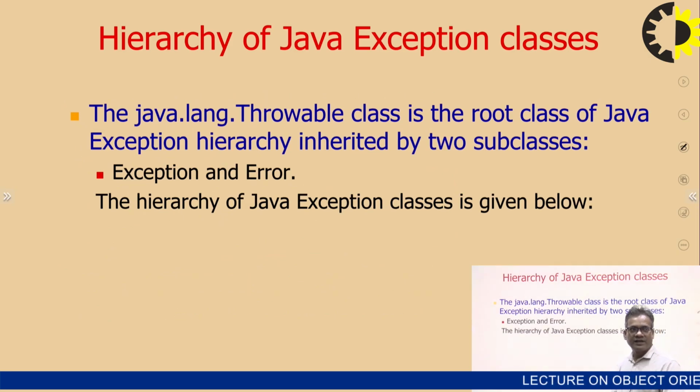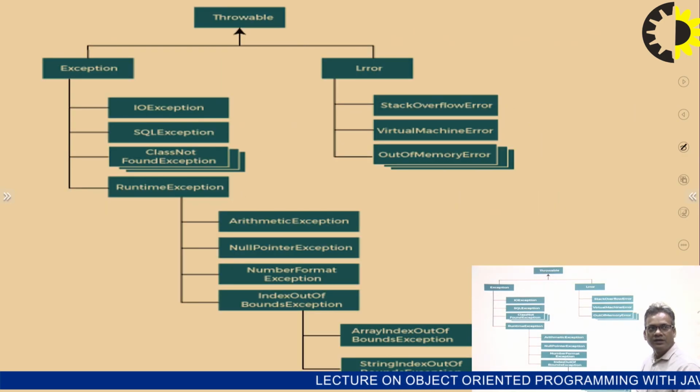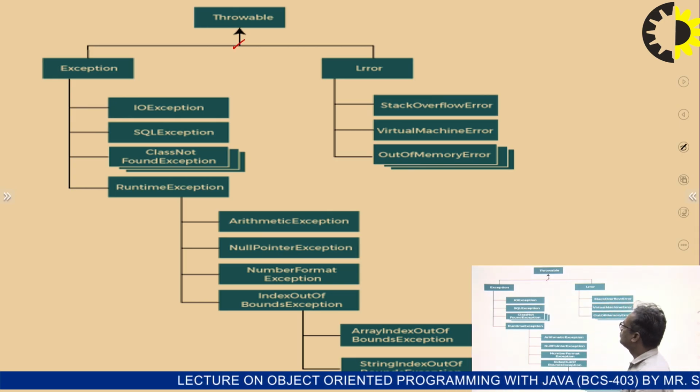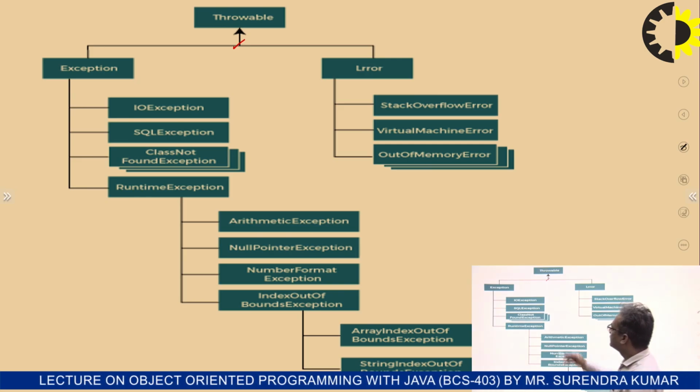Hierarchy of Java exception classes: basically there are two kinds, exceptions and errors. So the Throwable class contains two branches, exception and error, right?